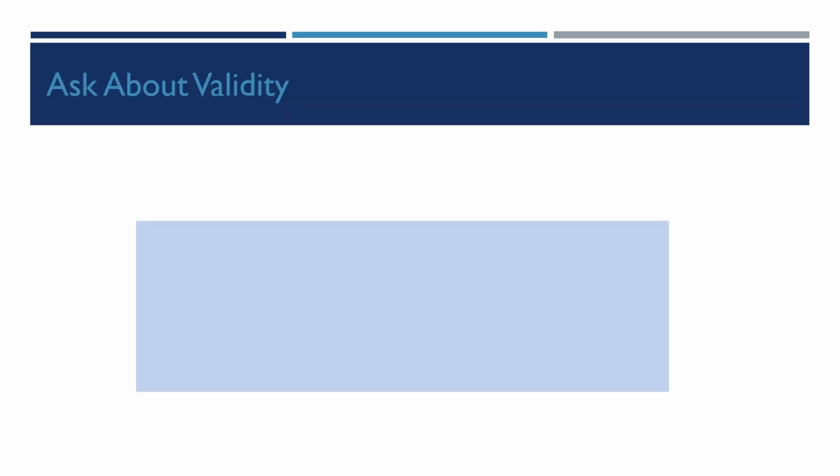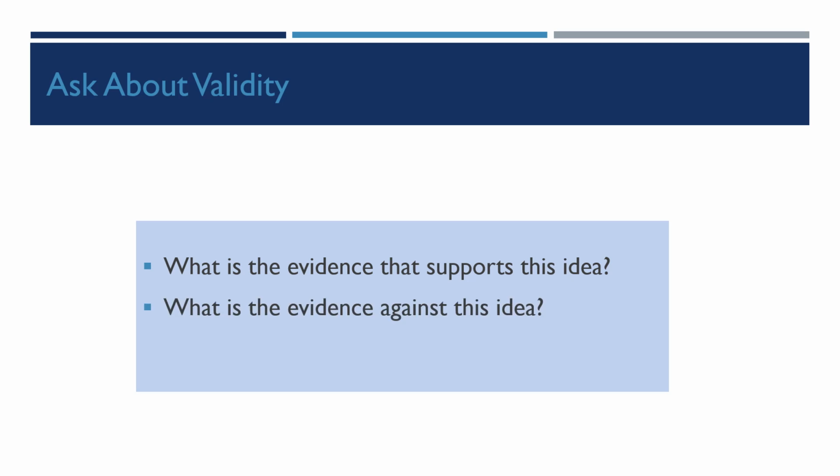The first set of Socratic questions that you can ask are questions related to the validity of your client's automatic thoughts. For example, what's the evidence that supports this idea? And what is the evidence against this idea? And is there an alternative explanation or viewpoint?